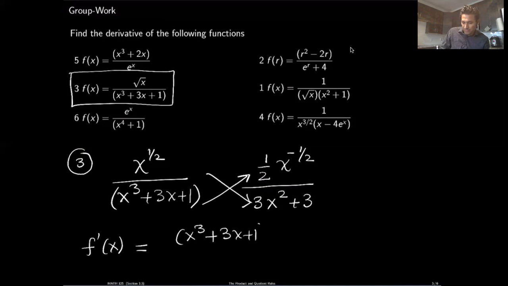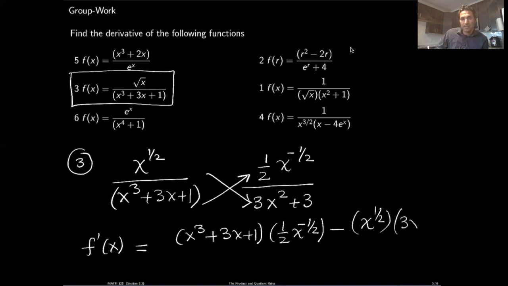This is the low function. Low d high, the derivative of high, is 1/2 x to the power negative 1/2. And then you put a subtraction sign, so minus, then high, x to the power 1/2, is the high function, multiplied by the derivative of the low function, which is 3x squared plus 3.